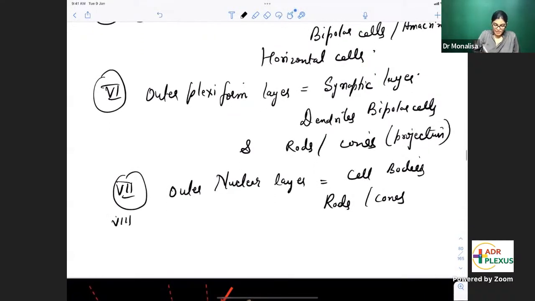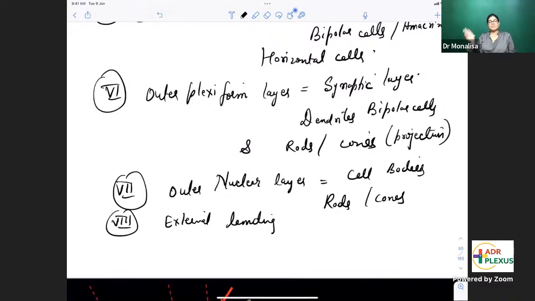Now the eighth layer is the external limiting layer, the external limiting membrane, which is separating the inner segment from the photoreceptor cells. The ninth layer is the layer of rods and cones.